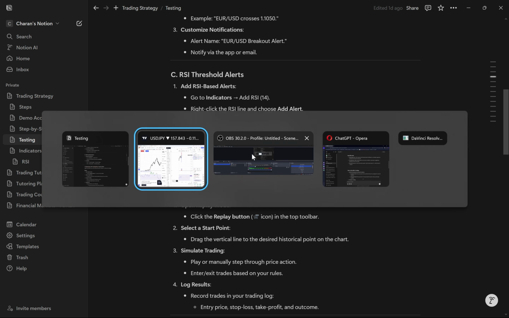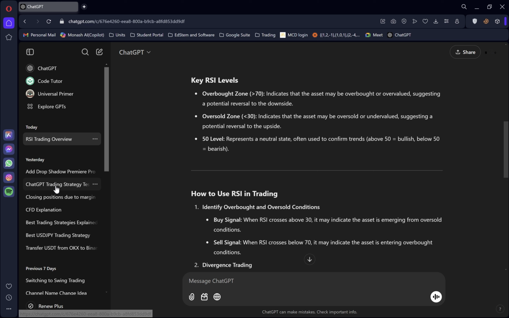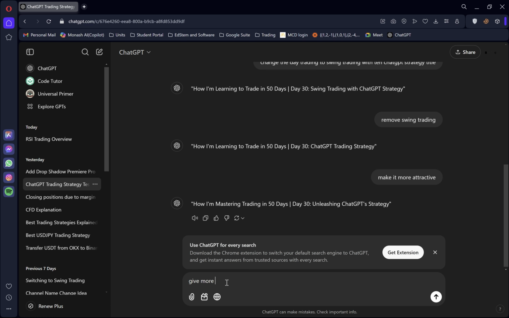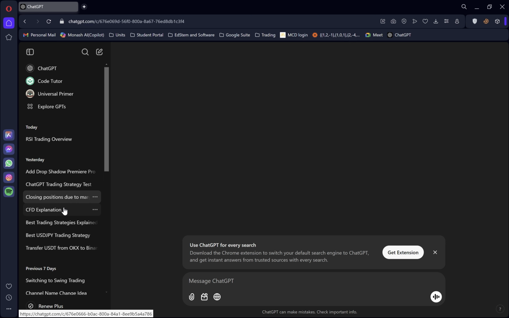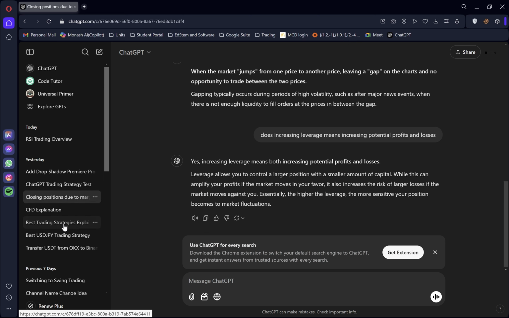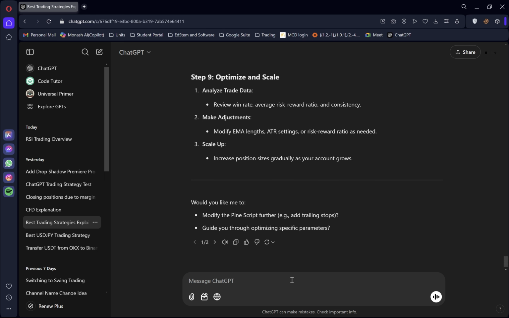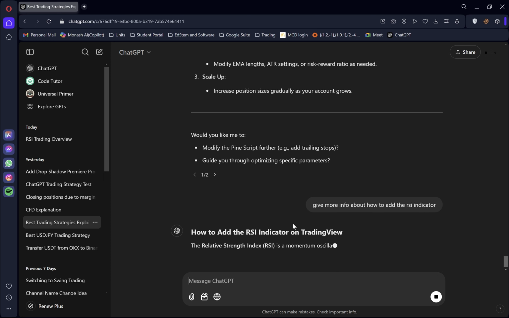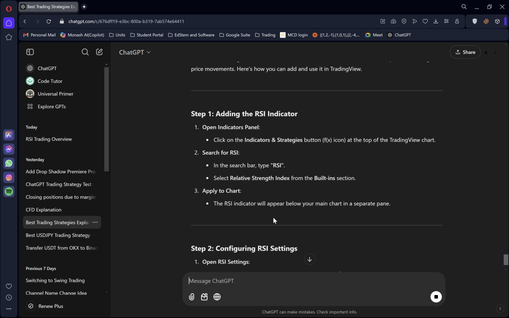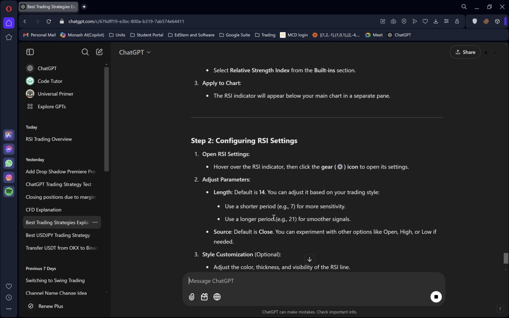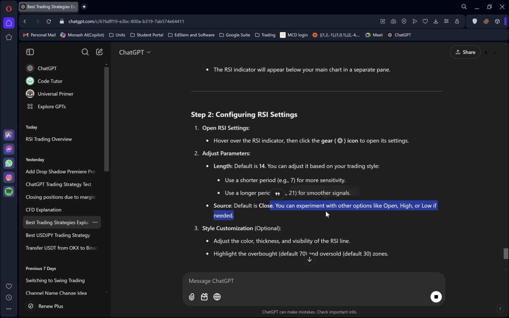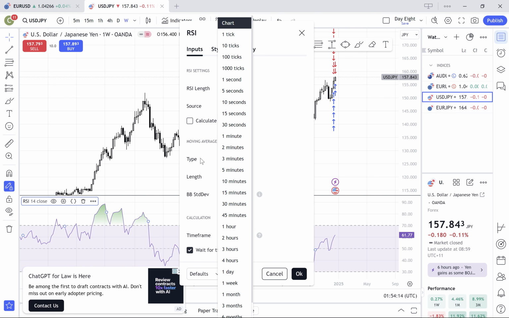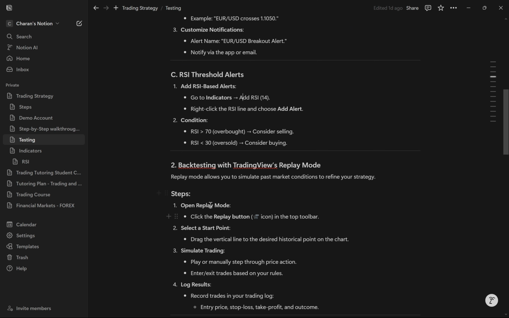Let me ask for more info about how to add the RSI indicator. The default source is close.